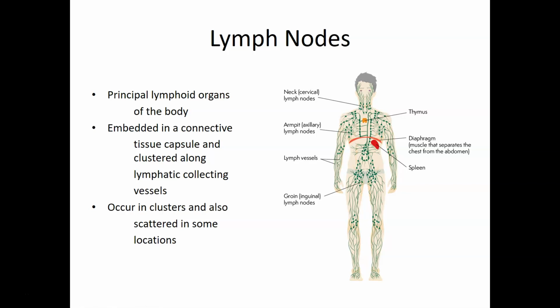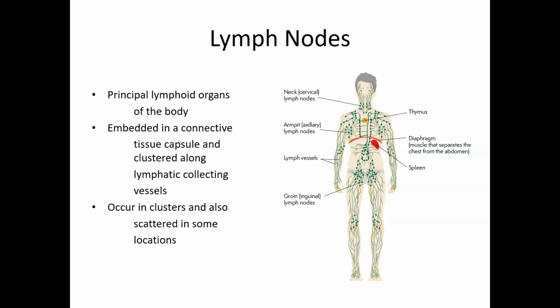So lymph nodes are the most abundant lymphatic organs in the body. They're scattered throughout the body, and just because of their abundance and number, they are the principal type of lymphoid organ that we contain. The lymph nodes have a connective tissue capsule, so they're encapsulated, and the immune system cells are contained within that capsule.